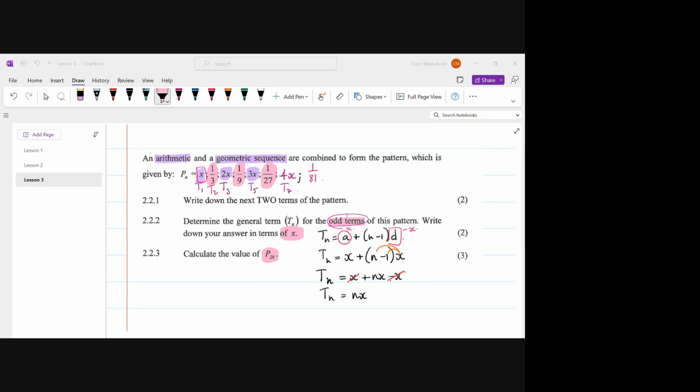So if we want to figure out P26, we first need to figure out the common ratio, and we need to put together our Tn. All right. So we're then going to say Tn is equal to a times r to the power of n minus 1. Now remember, our first term is going to be the first pink term, right? But remember what we did with that other question before.